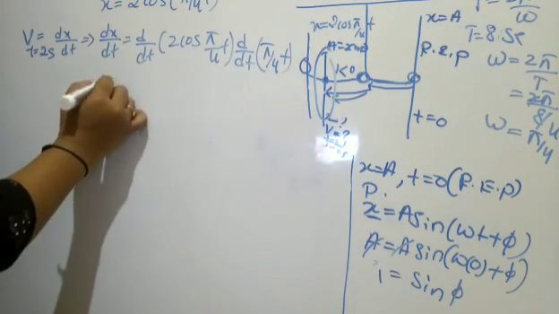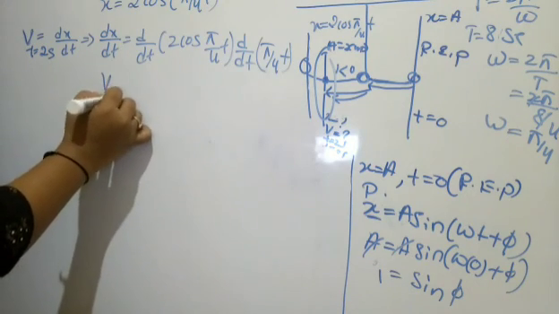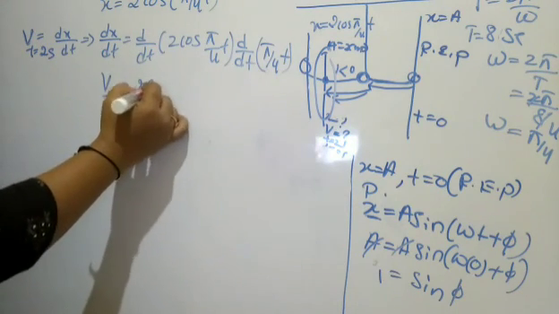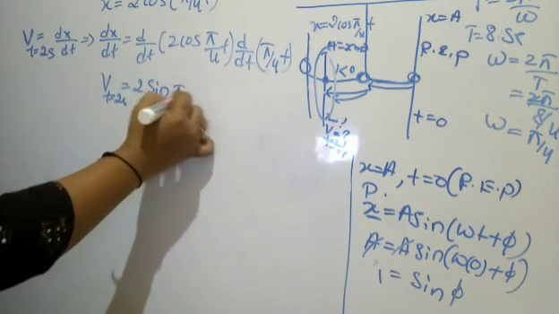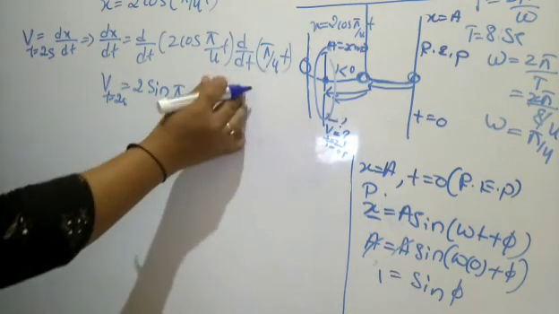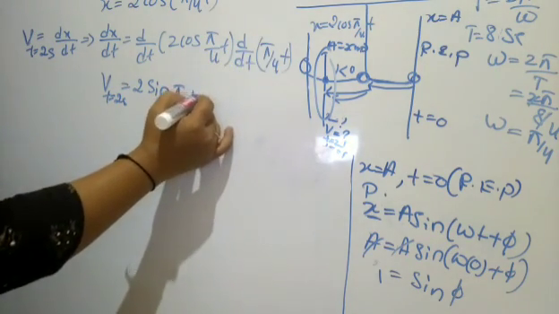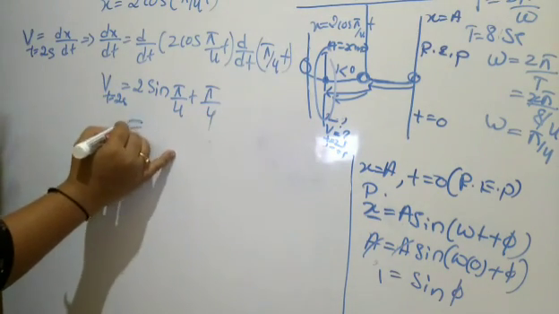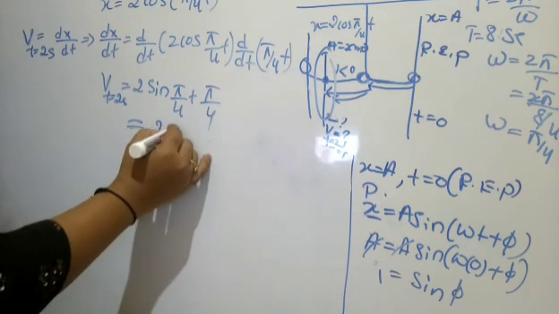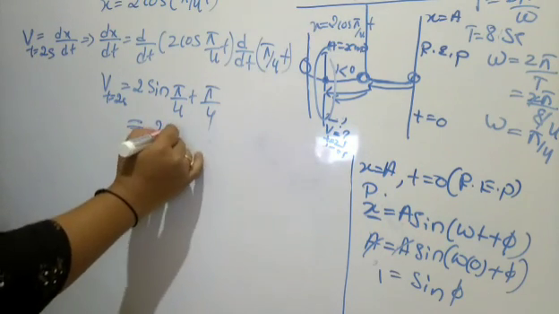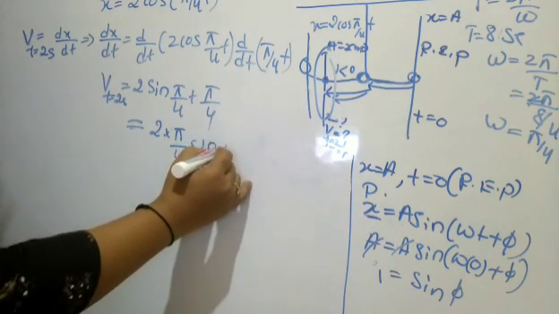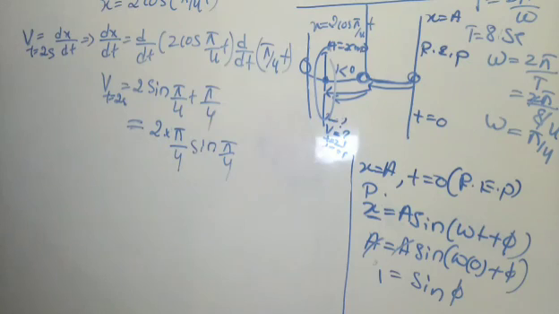So we got it here, v(t) is equal to 2 times d by dt of cos of pi by 4 t, which becomes minus sine of pi by 4 t, then d by dt of pi by 4 t means it is pi by 4. So rearranging this one, we get 2 into pi by 4, this part will come here, and sine of pi by 4 t.